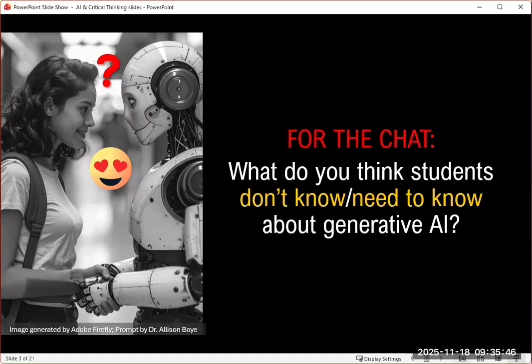Anything else before we keep going? Anything else that you feel like students really need to know? Yeah, wording questions properly, effectively, right? How to do some prompt engineering. Yeah, thanks, Taib. It's trained based on how we interact with it, so we can't believe everything, right? It's kind of like maybe believing everything in a Wikipedia article. You know, we know it's crowdsourced.